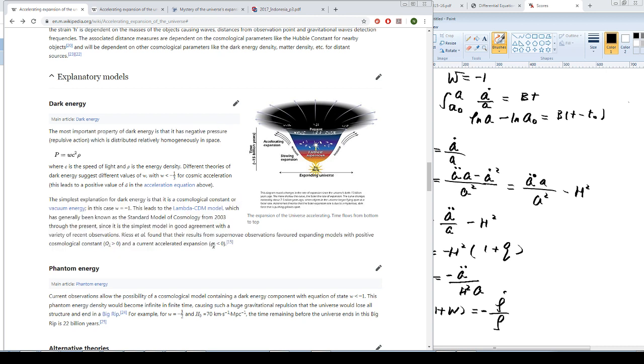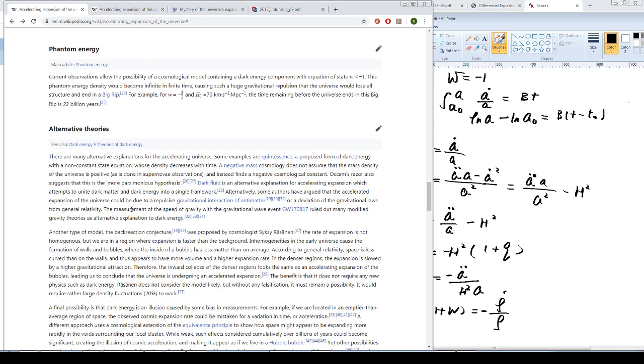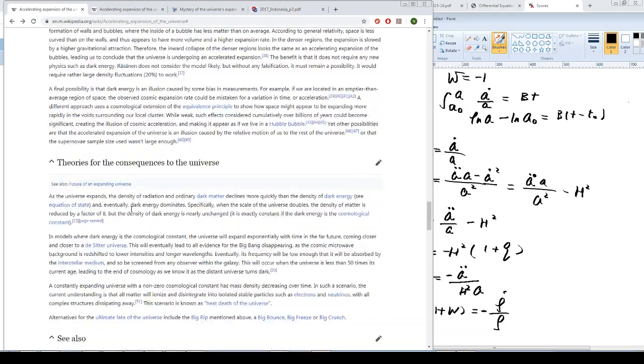QO. Big rip. Okay, that makes a little more sense now.